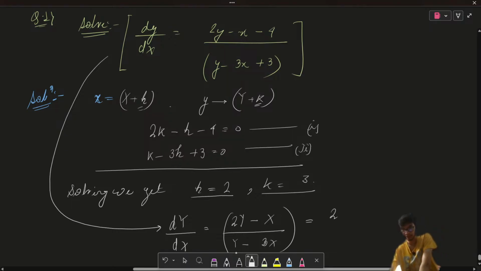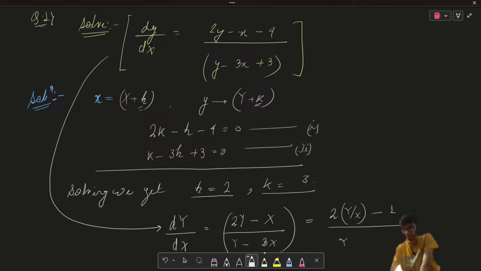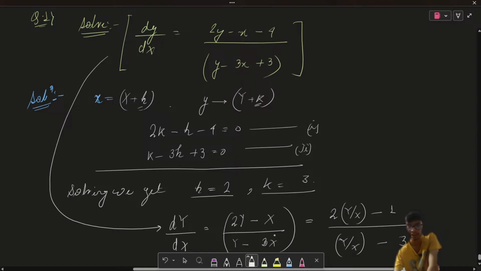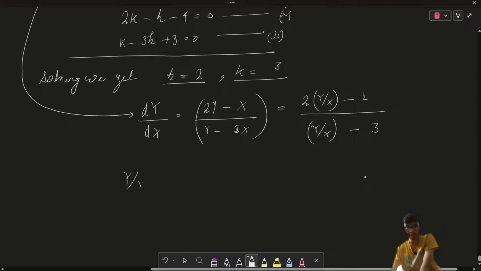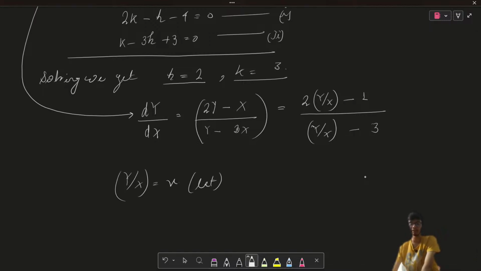Now from here, if I take X as common, I can take Y upon X as some variable v, because that is what we did in our homogeneous understanding.